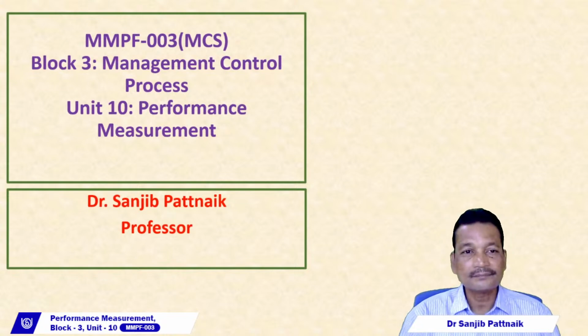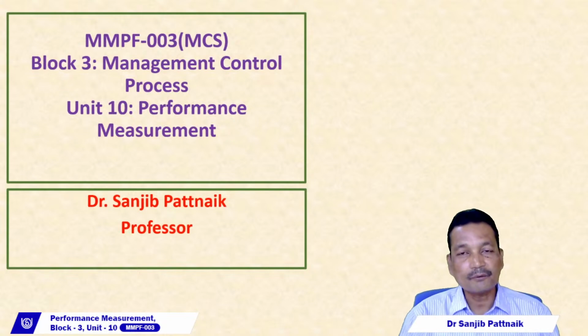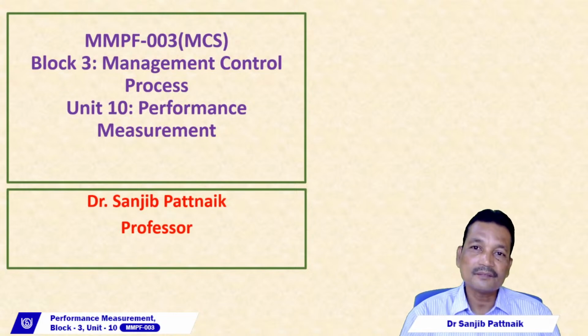Now, in an organization, when we plan certain activities and the actual period of activities starts, or as it goes on, we have to measure the performance. The performance may be of the output, may be of the human resources.